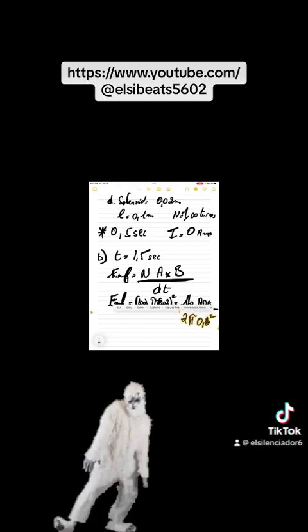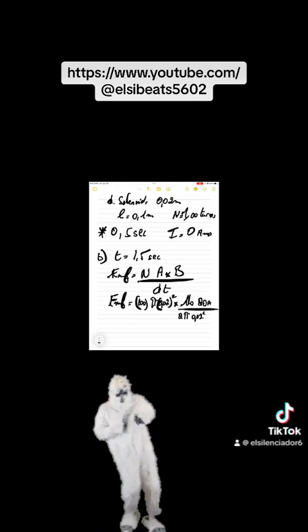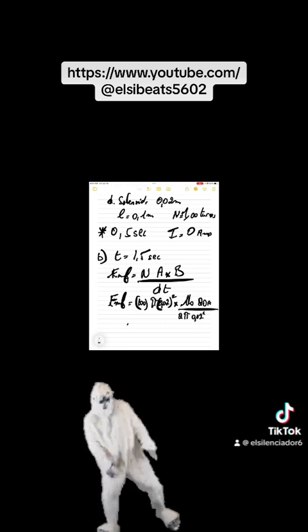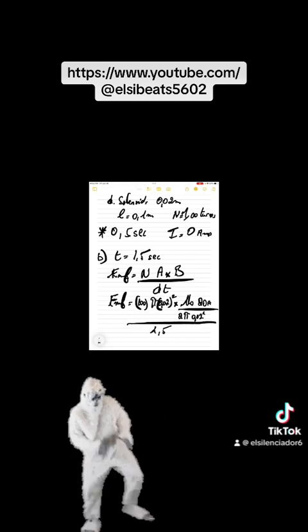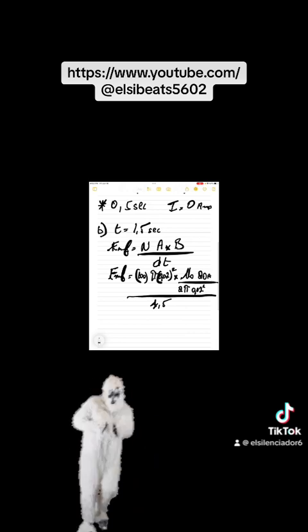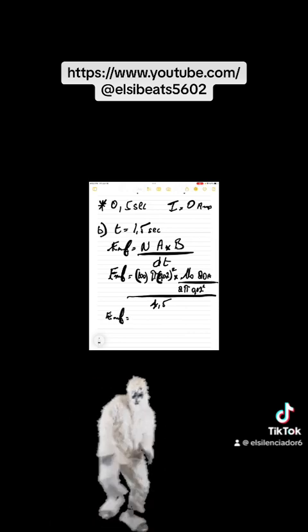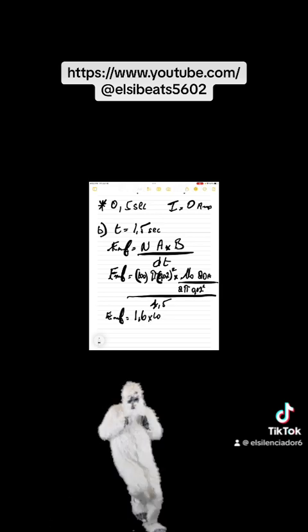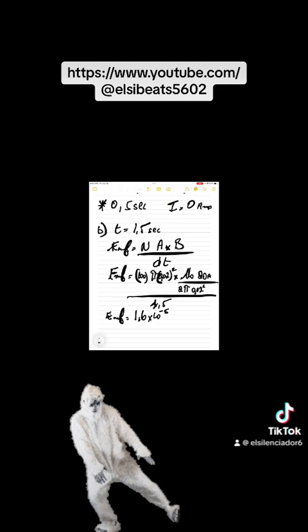Let's do it again. So that's 2 pi, 0.02 squared, and everything is divided by the differential of time, which is 1.5. So the EMF in this section will give us 1.6 times 10 to the power of minus 5 volt.